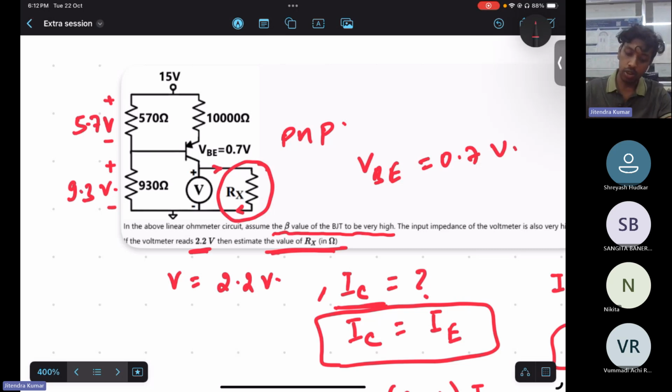Because this 15 volt has to be divided among these two resistors, right? So if you add 930 plus 570, the ratio of them, how much will V1 be? Yeah, sorry.